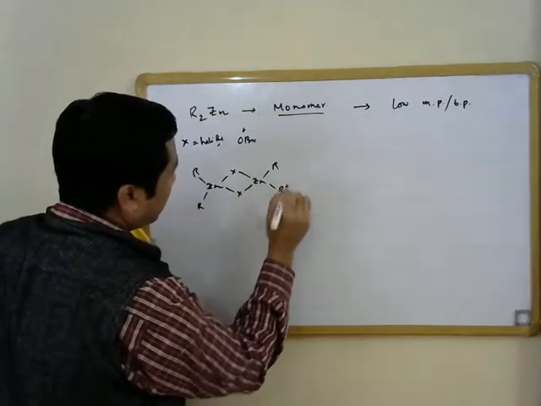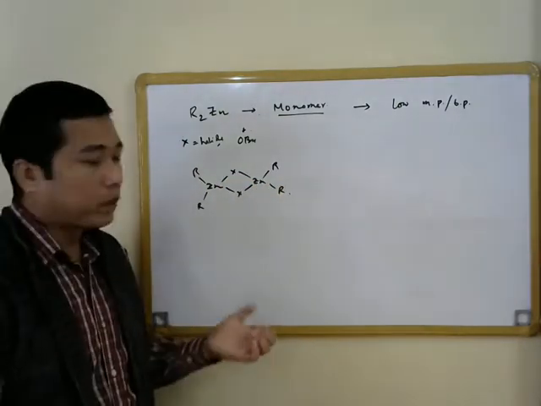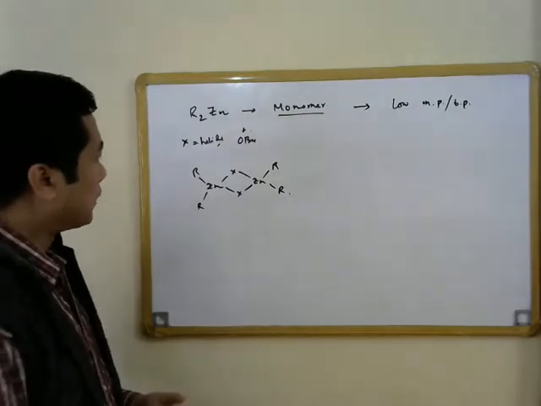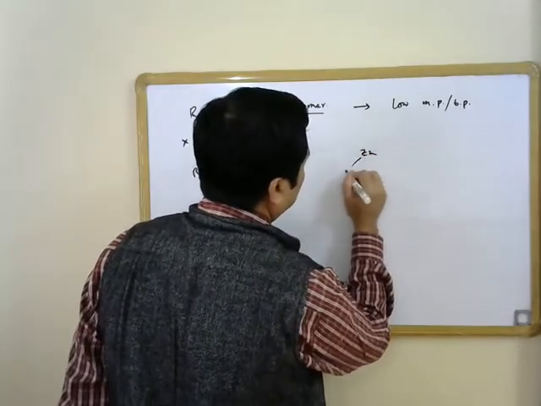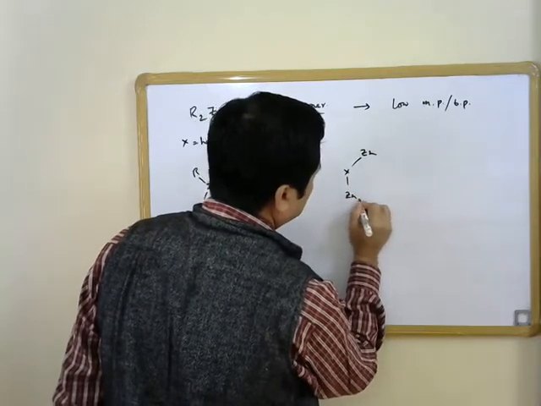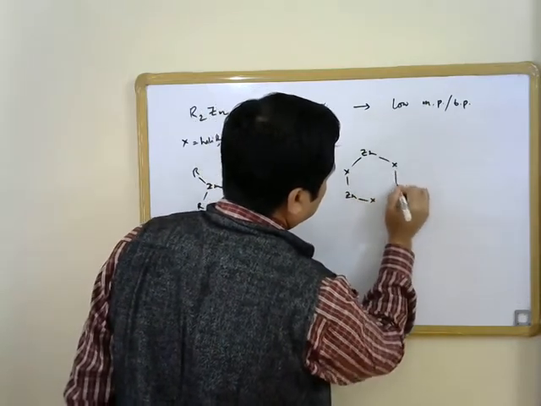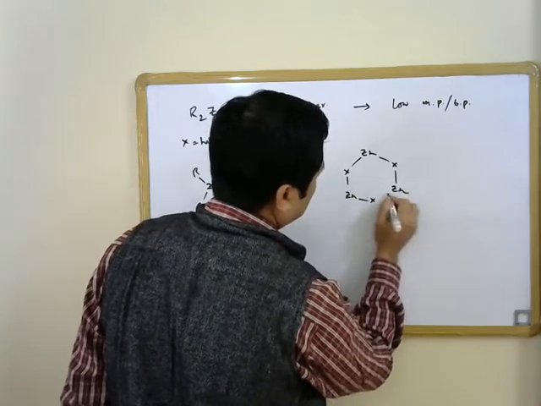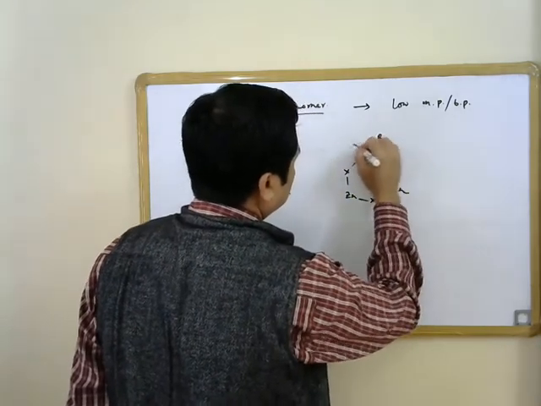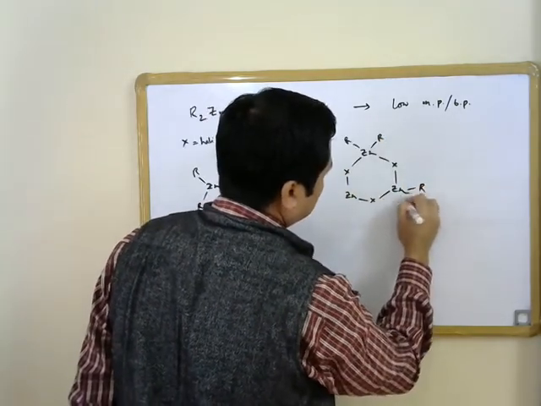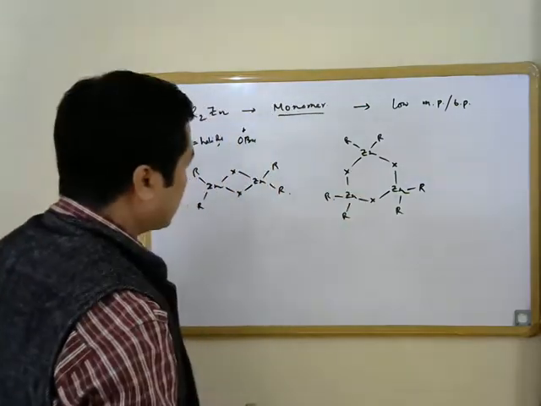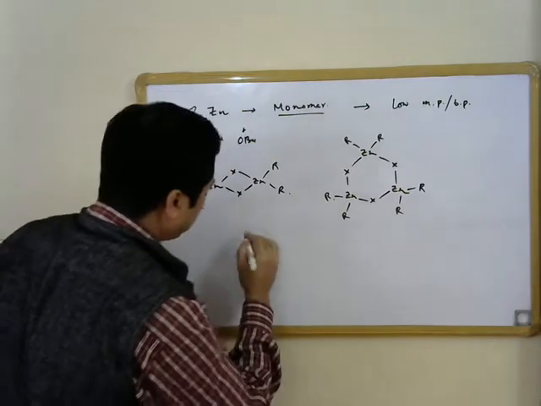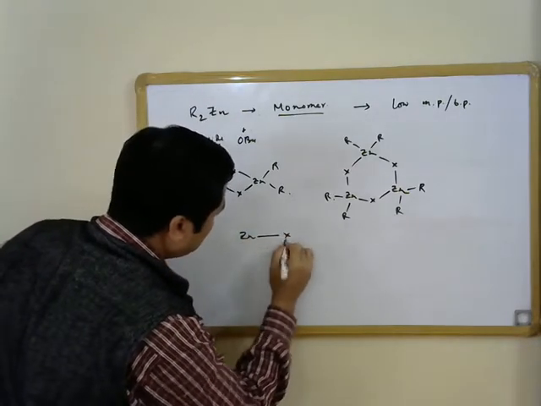So this sort of dimeric structure can be formed because of the sigma donor ligands that are present here. And again, dimeric structures are also possible, as well as tetrameric heterocubane-like structures are also formed.